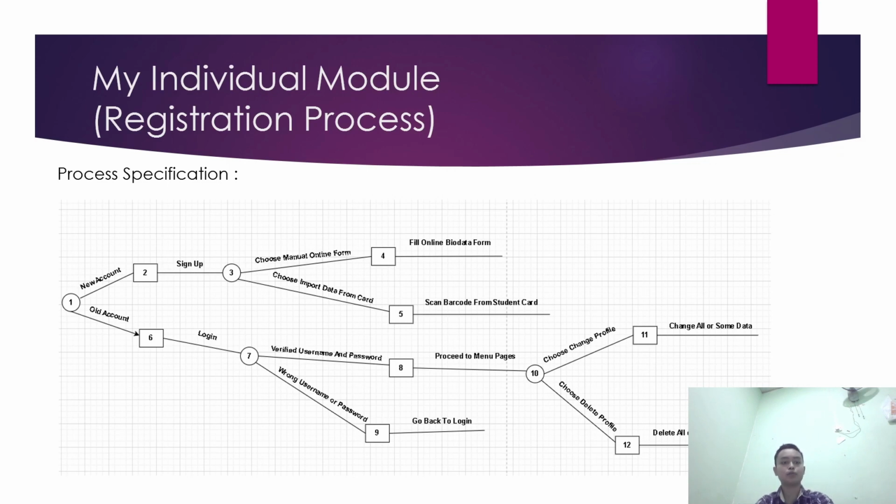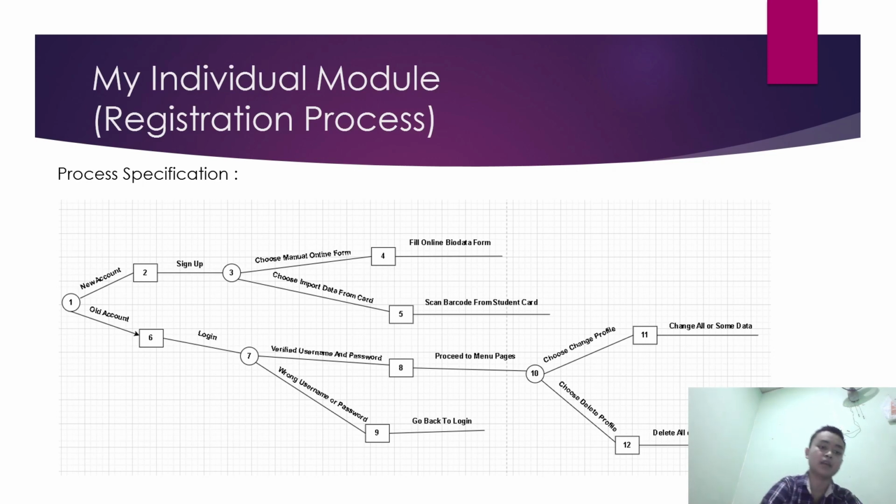This is my process specification. Why do I use a decision tree? Because I think my module is based on decisions, and a decision tree can make branching, where each branch is not related to each other.